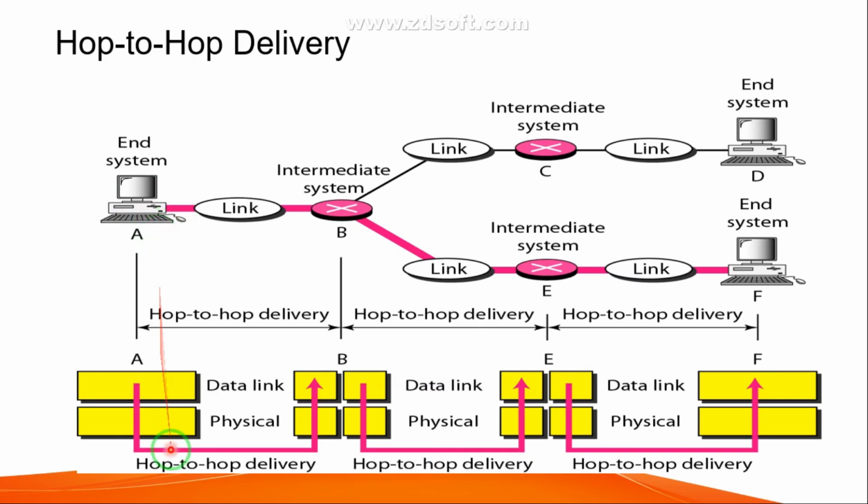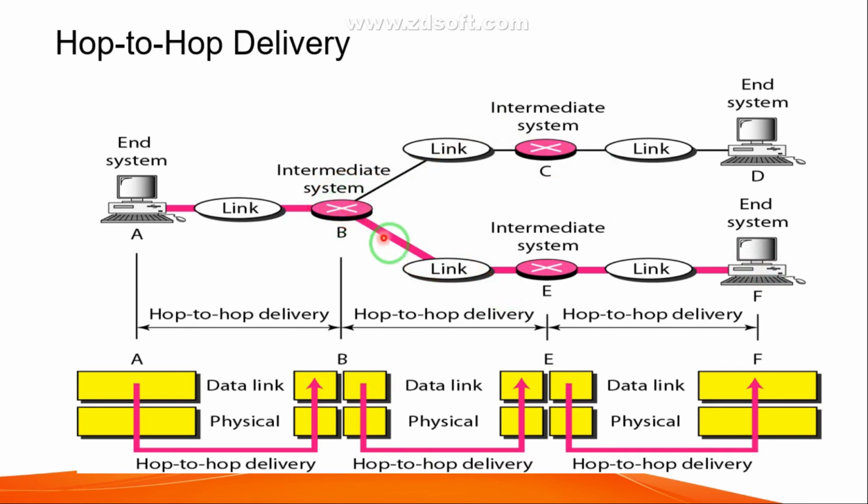So you can see that the data is first given to this intermediate system B. It is a switch, so it consists of two layers, suppose physical and data link layer. Now it is going to read that frame. Then it gets the idea, yes, its destination is F. Then to which link should I transmit? Through this link or through this link? So it is a calculation done by these intermediate nodes.